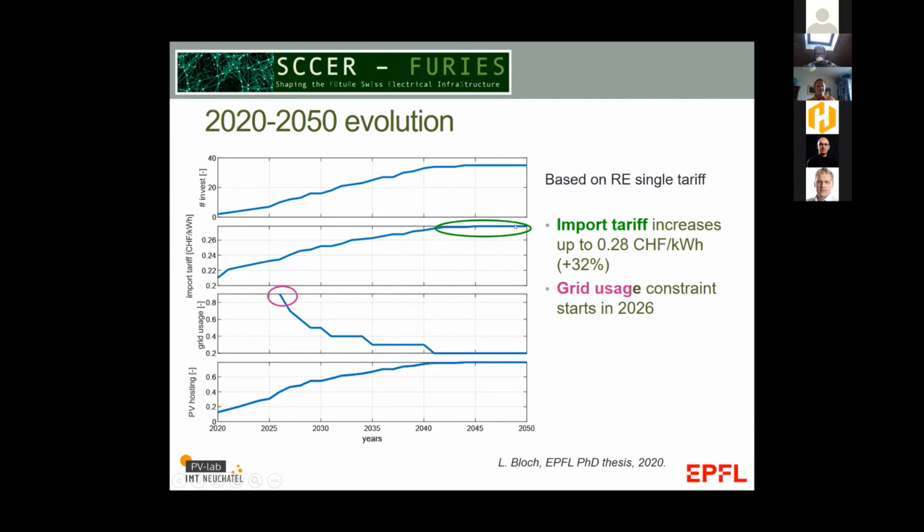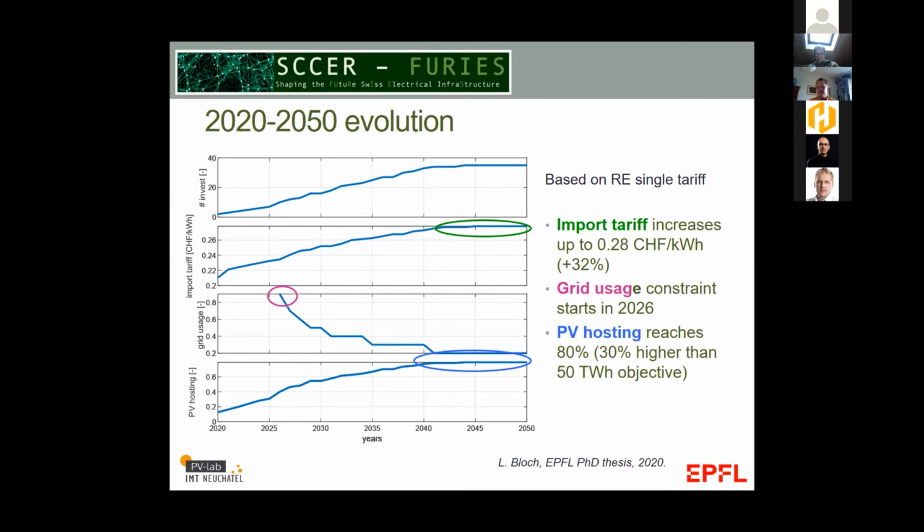Starting in 2026, we had to impose a grid usage limit to minimize the impact of the PV installation on the grid. But with that, we are able to achieve 80% of the possible PV installation over that period.